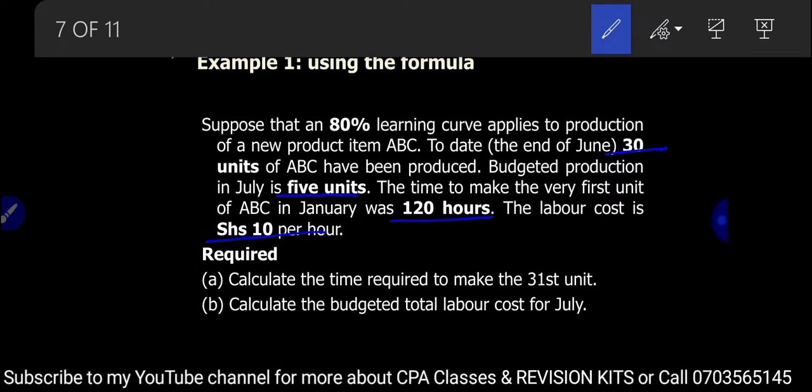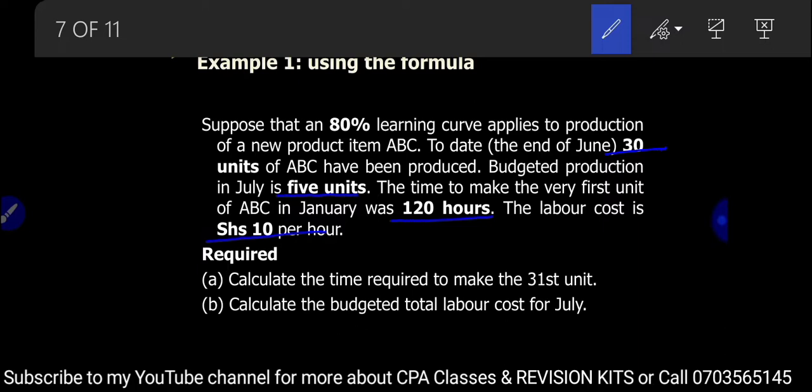Calculate the time required to make the 31st unit. Remember, they have produced 30 units to date, that is by the end of June. However, in July, they expect to produce 5 more units, meaning that by the end of July, the cumulative production will be 35 units.